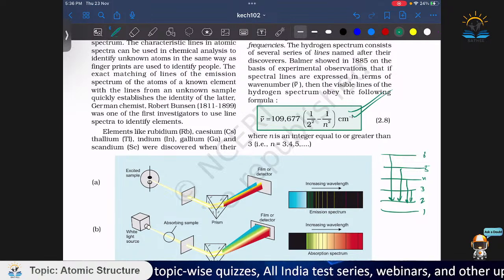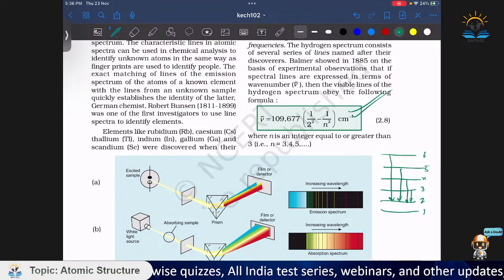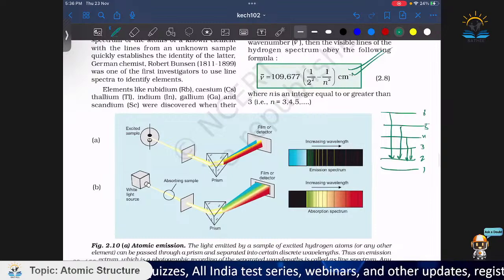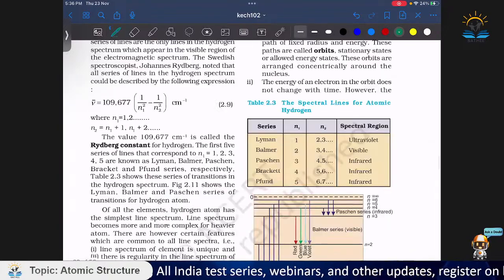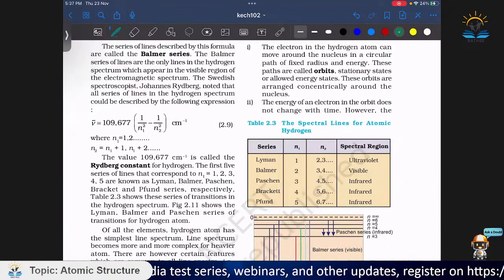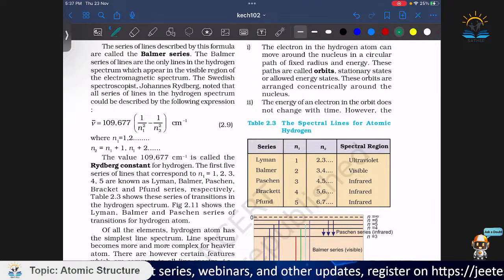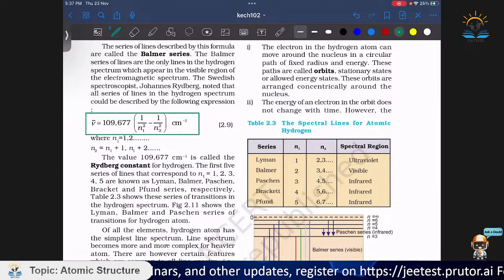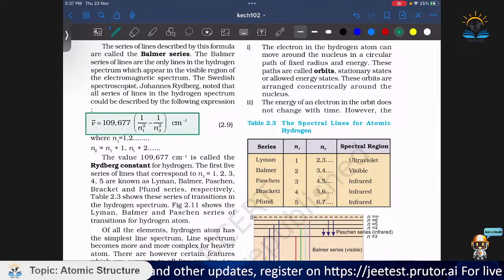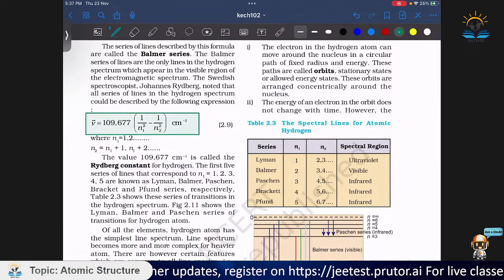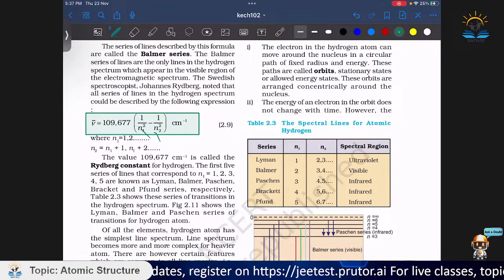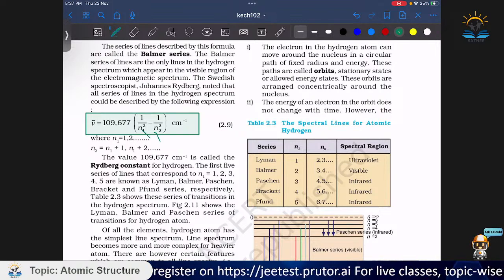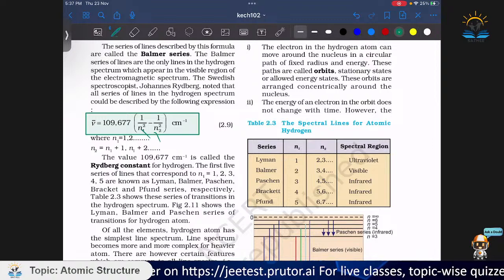109677 into 1 by 2 square minus 1 by n square. Rydberg then directly formulated a general formula. Here, if you put the values of n1 and n2, n1 is where the electron has come to, and n2 is where it has come from.